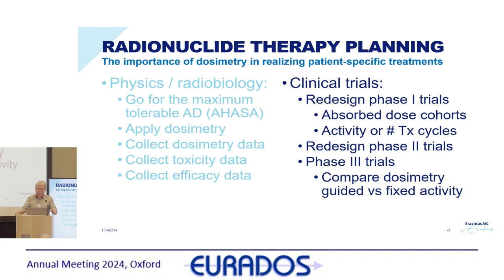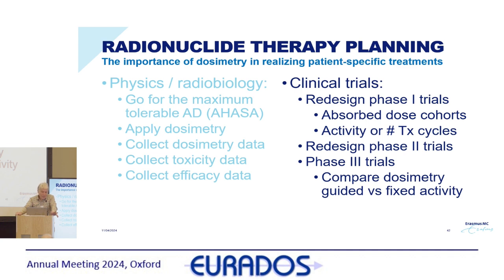So the conclusion is, I hope that I showed that there is some importance of doing dosimetry, and there are some initiatives to realize a more patient-specific treatment by doing dosimetry.